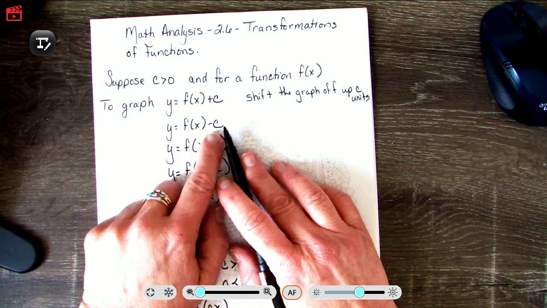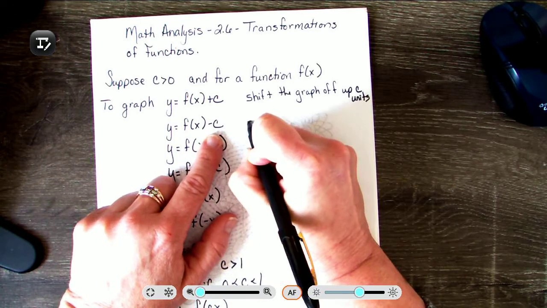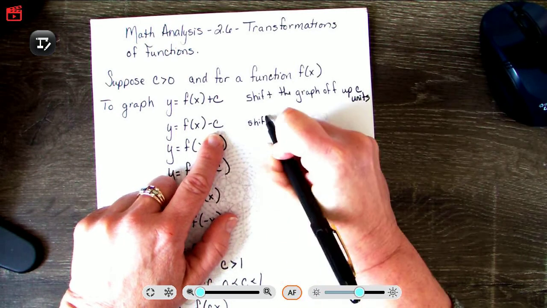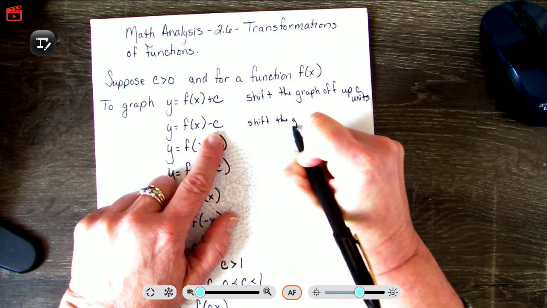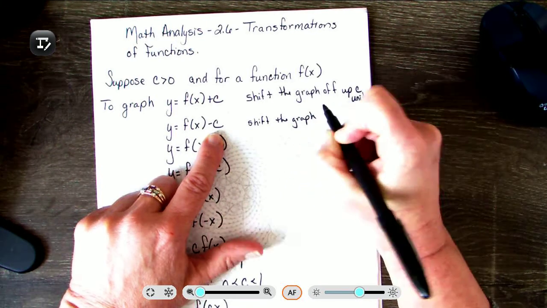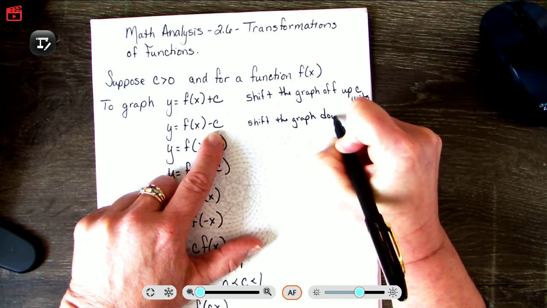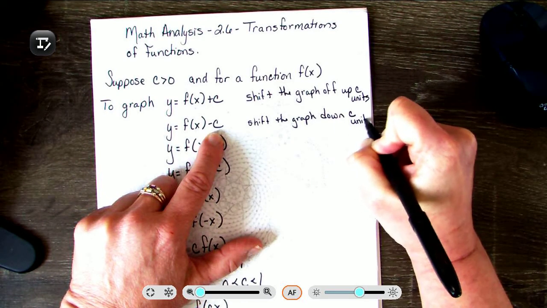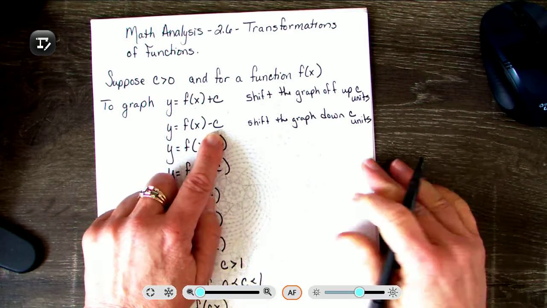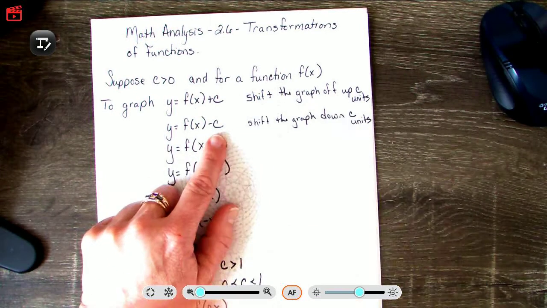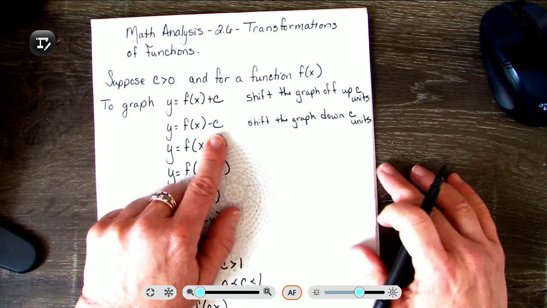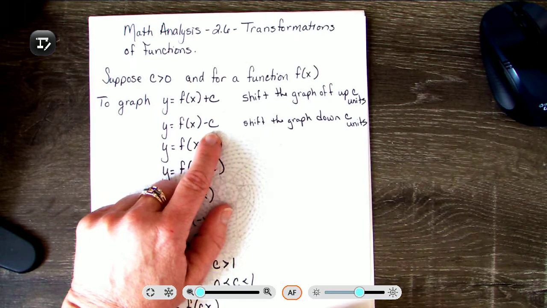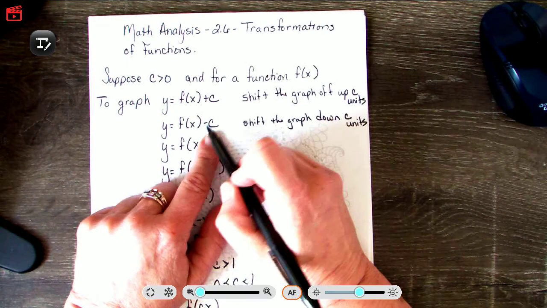If we subtract that c, we are going to shift the graph down c units. So if we are adding it to the outside of our function, it's either up or down as it specifies.